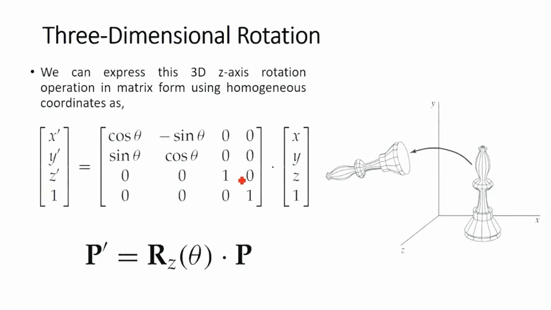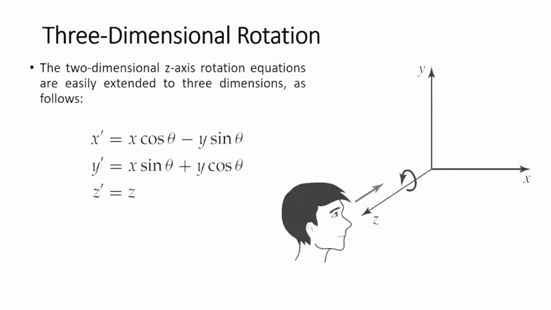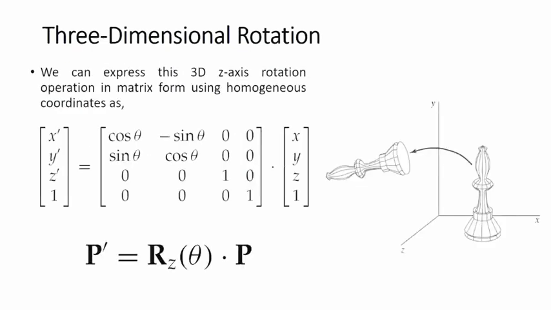Okay, so if I multiply this matrix with any point whose coordinate value is x, y, z, what I would get is the result x dash, y dash and z dash. What I get will be the same as what is there in these equations. So this rotation is actually rotation around z-axis.